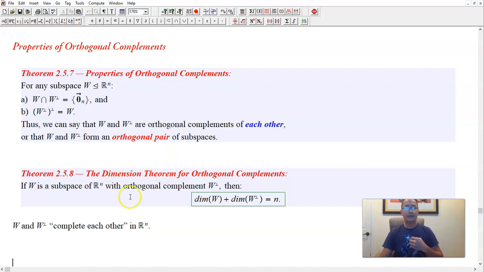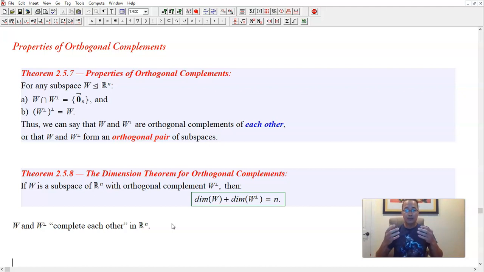Now, here is another reason why the word complements is a good word for what's going on. In geometry, remember how when you study right triangles, you talk about complementary angles. Two angles are complementary if they add up to 90 degrees, like, for example, 30 and 60.